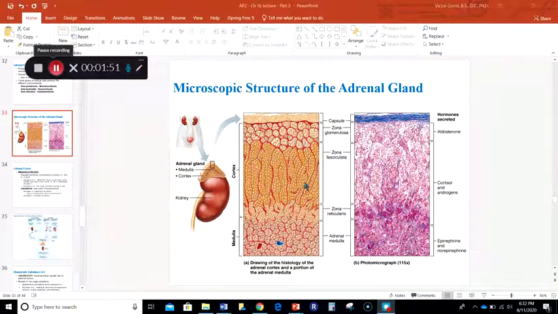Deeper in the adrenal cortex, we get the zona fasciculata, where our cortisol and androgens are produced, as well as in the zona reticularis, which is the deepest area of the adrenal cortex. In the adrenal medulla, we have epinephrine and norepinephrine being produced and released.